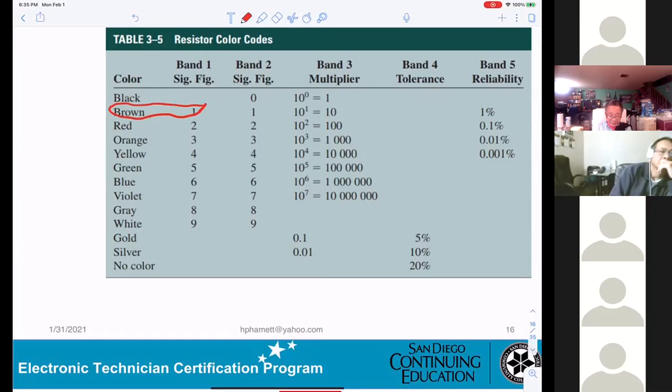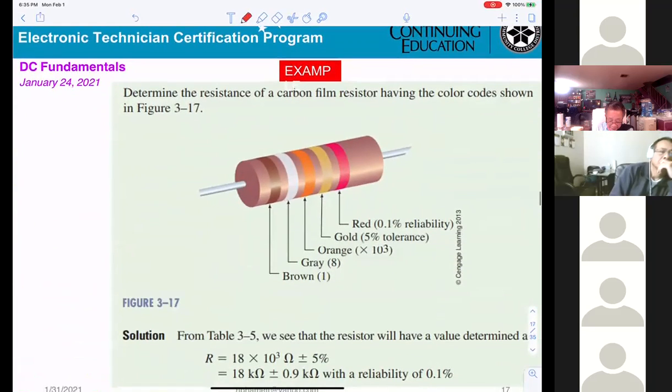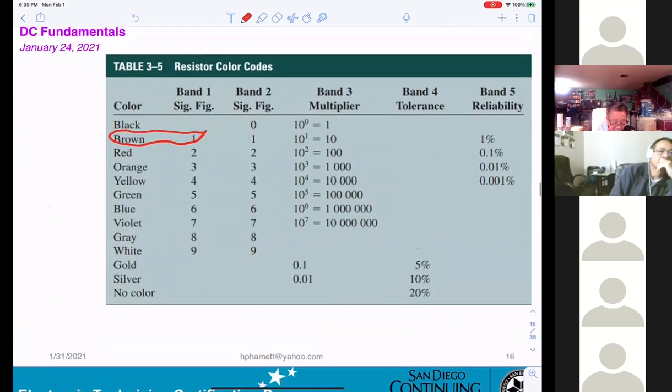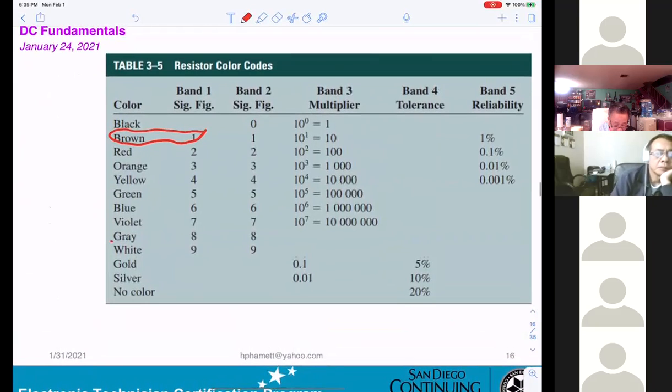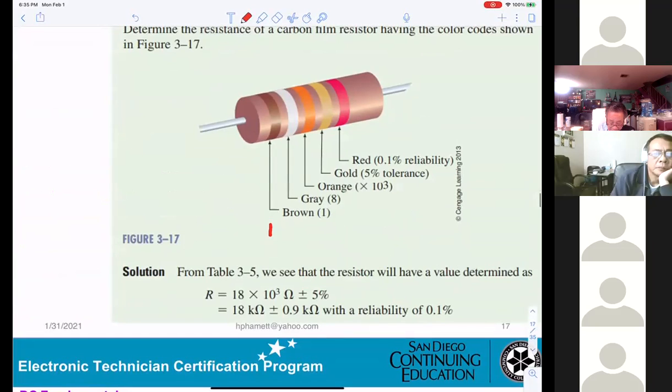The next one, gray, the second one, will be number 8.